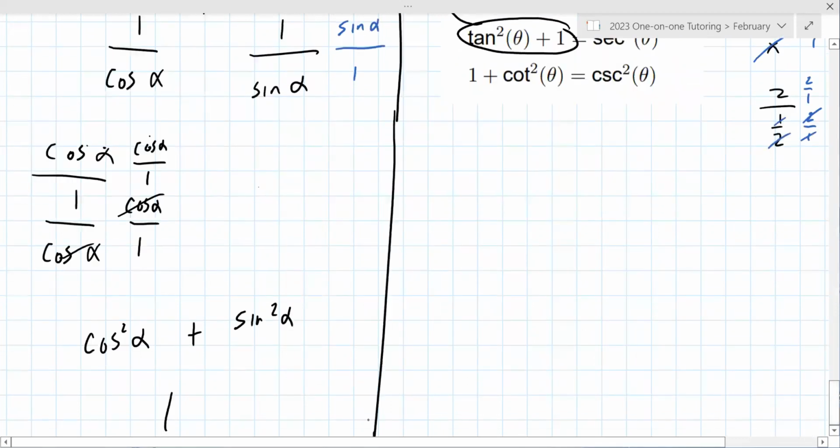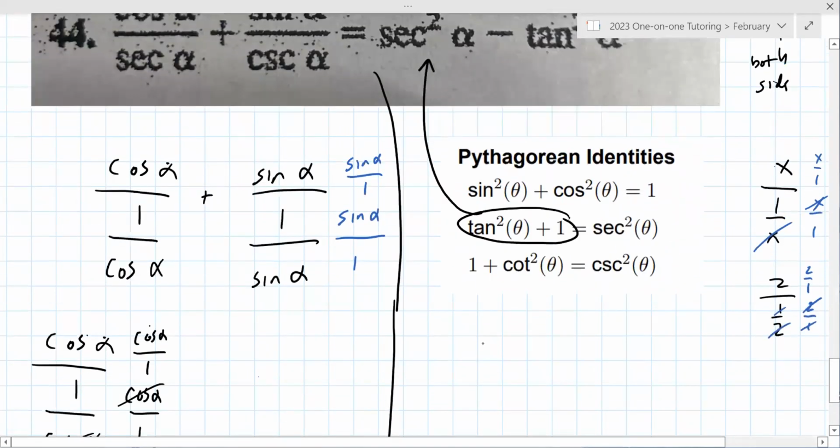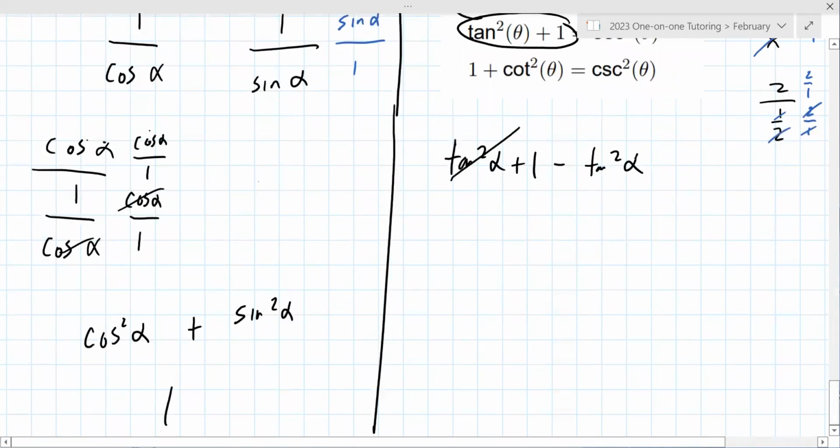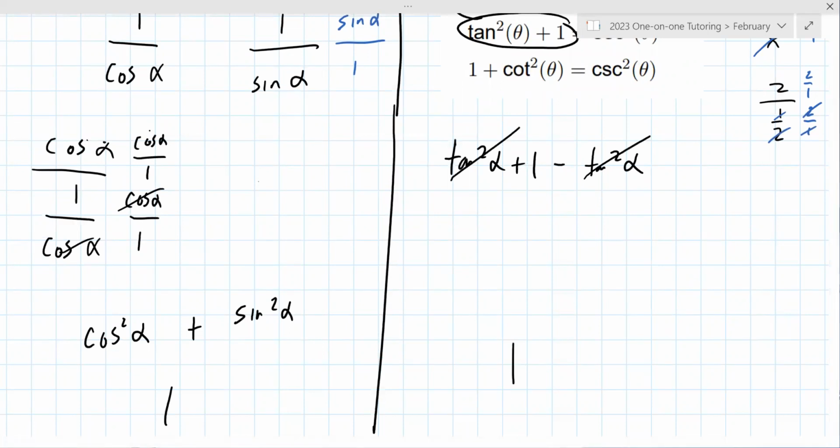It's a weird substitution, but it's tangent squared alpha plus 1 minus tangent squared alpha. The tangent squareds cancel, and you're left with just the 1. So just 1 equals 1.